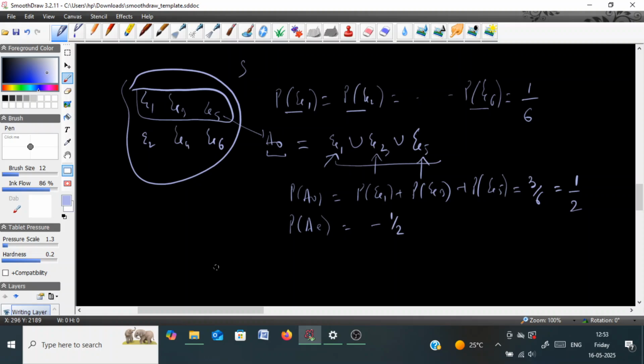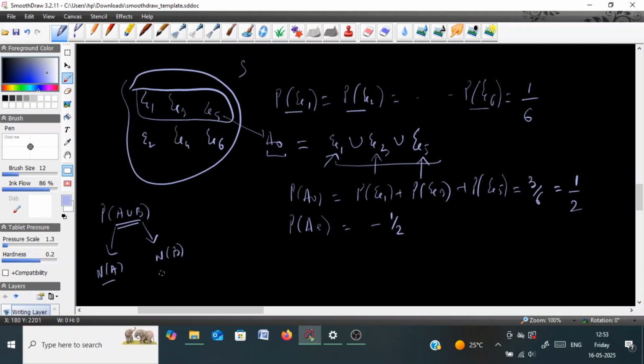You can also define the union of two events, the probability of the union of two events, A union B. If you have two events A and B, now suppose this event A occurs NA times, and this event B occurs NB times respectively.